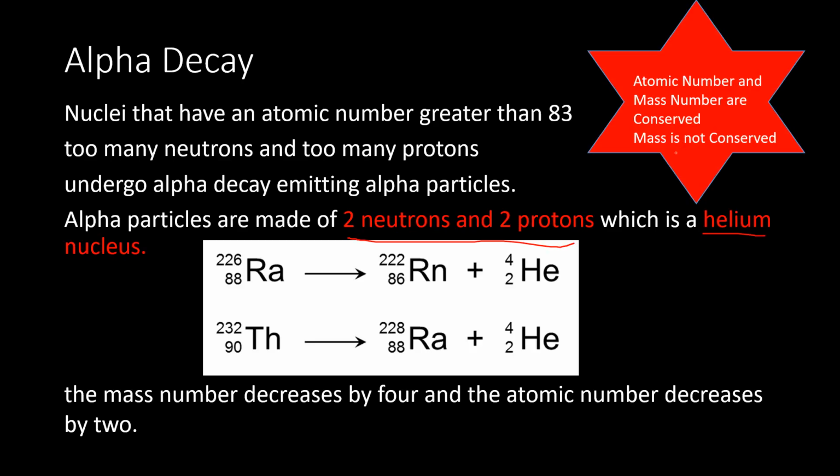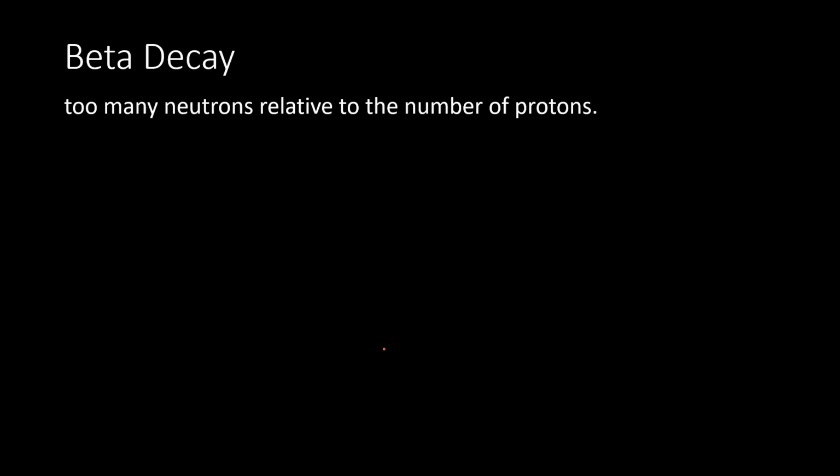However, mass is not conserved because mass and energy are equivalent. So, atomic number decreases by 2, while atomic mass decreases by 4, and on both sides of the reaction, atomic number and atomic mass are conserved.